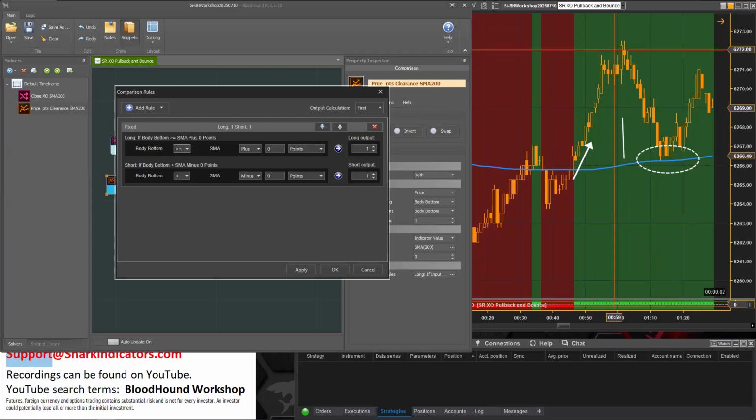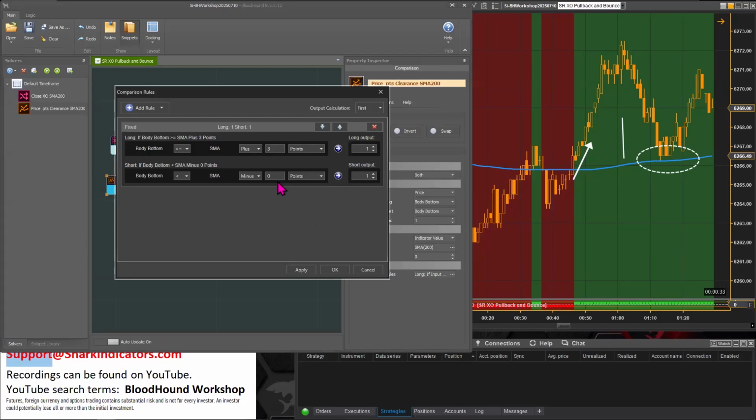So we want the body bottom greater than or equal to the SMA, plus we're going to take the SMA and add some number of points and figure out what that clearance needs to be. So let's see, we're at roughly 66. What are we getting up to here? 70. So let's say 3 points.